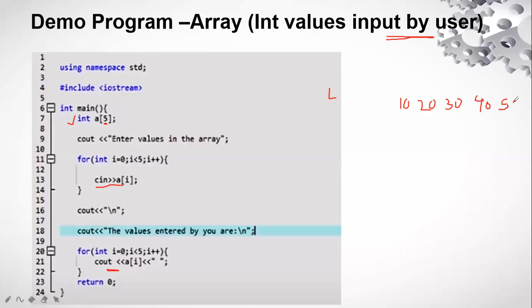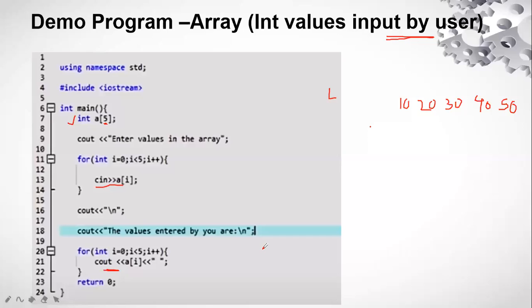The size is 5. Okay, so 10, 20, 30, 40, 50. It is scanned from here, and when I say cout, it will display it as 10, 20, 30, 40, 50. Okay, that will be the output for the same.